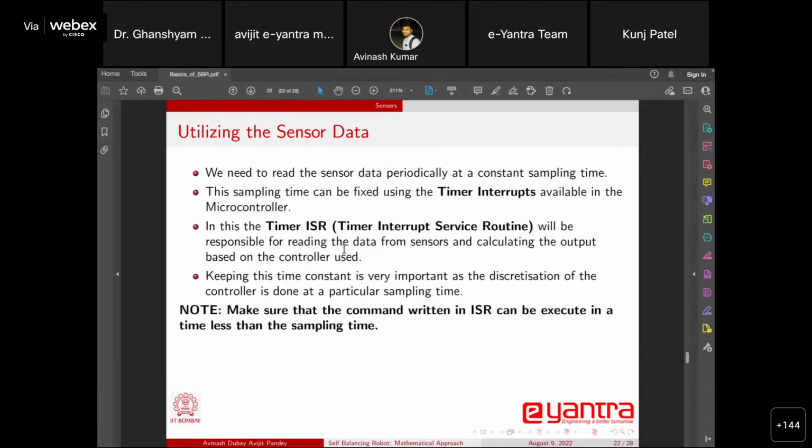If you remember, a few minutes ago Avinash told you that we need to have a fixed sampling time, since things are digital. So in implementation, how do we ensure that the sampling time is fixed, that every 10 milliseconds the reading is taken and the actuation is done?